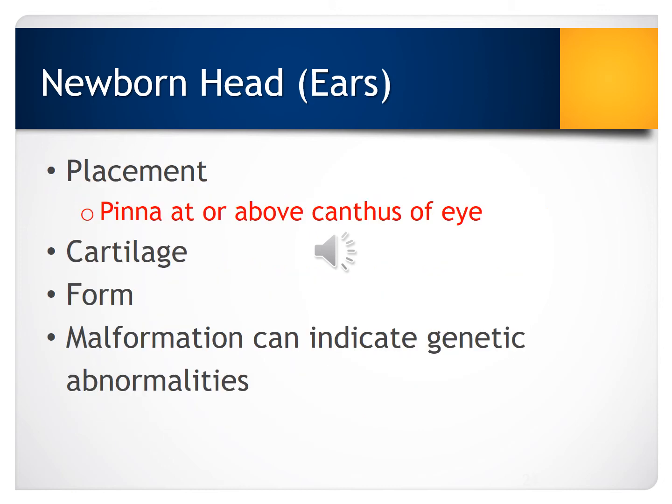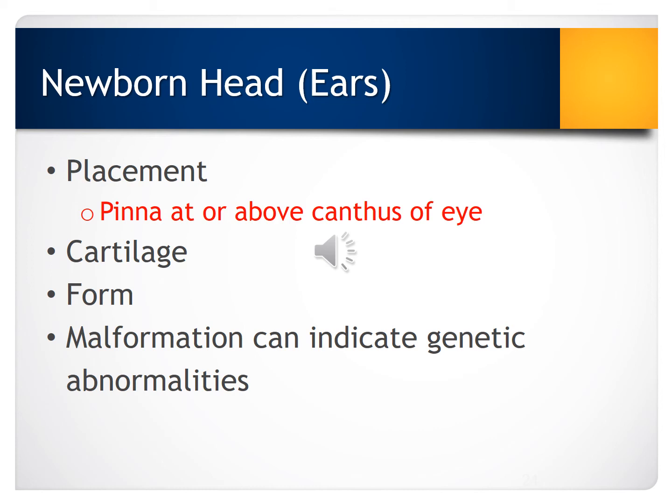When observing the newborn ears, we talked about the assessments of the pinna and the recoil of the ear for gestational appropriateness, but we also want to note the placement of the pinna, and that it should be right at or above the crease in the outer eye, the canthus of the eye.